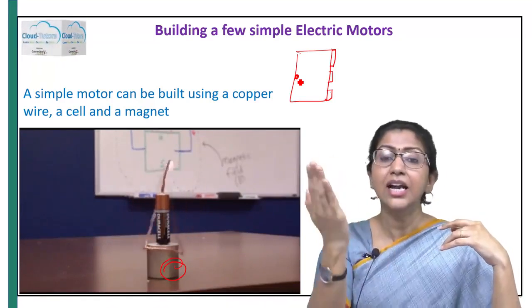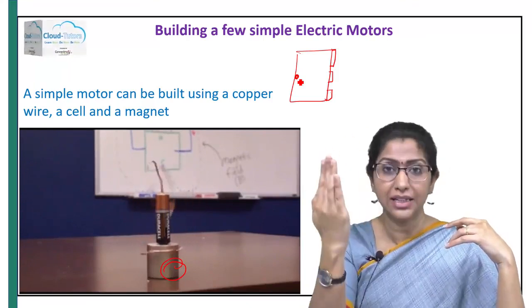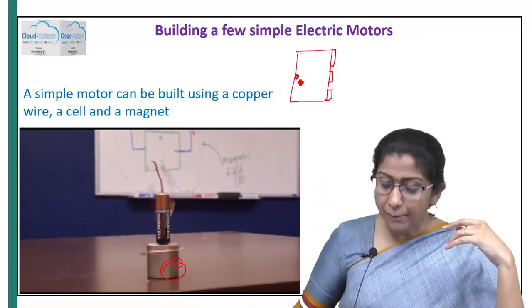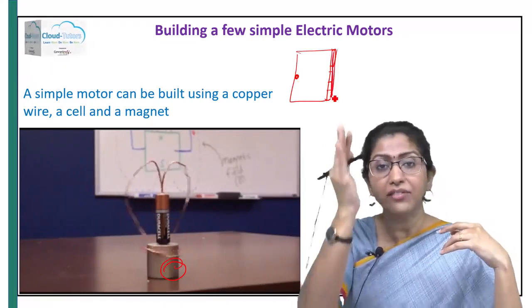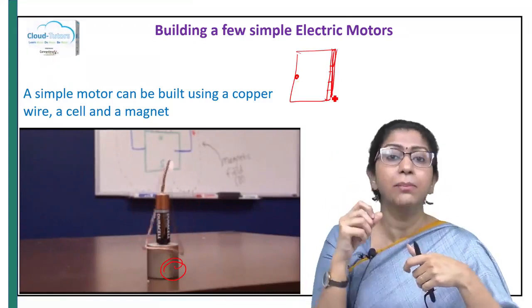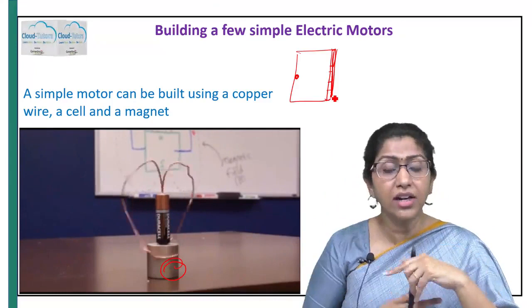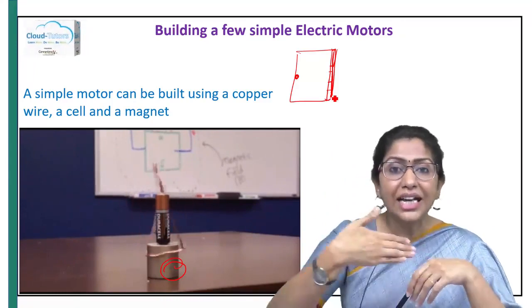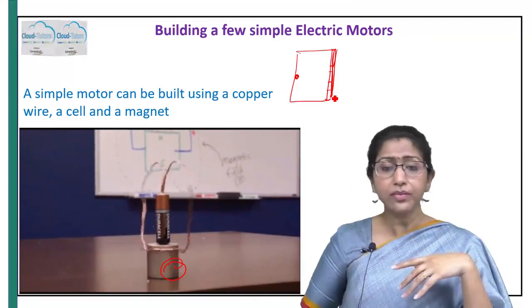It basically turns, closes and opens like this, correct? Why? Because it is fixed at one end. So the ordinary pull or push creates a turning effect on the door, and this turning effect is called moment of force.